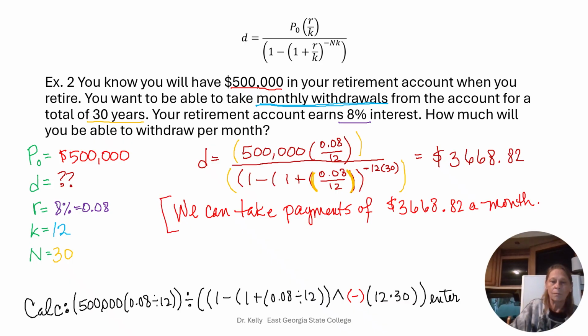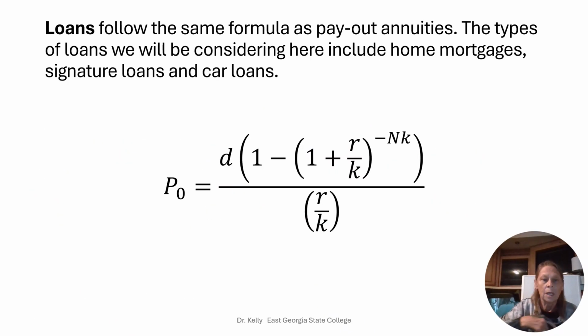Okay, we've answered the question. All right, so loans, like I said, same formula, exact same formula. Only difference is the question's going to be asked differently, right? I mean, we're going to be asking, what is your payment going to be? Or how much can you afford if you have this payment? So let's dive in.